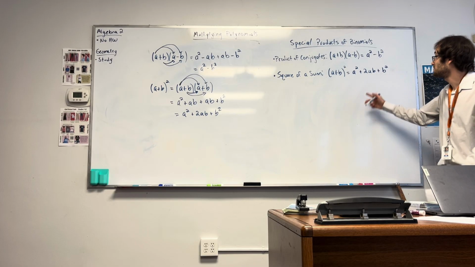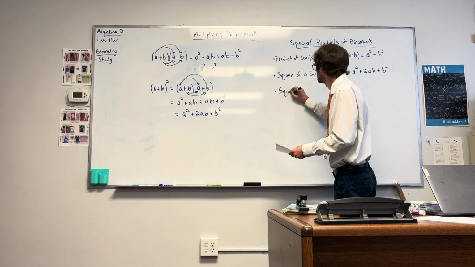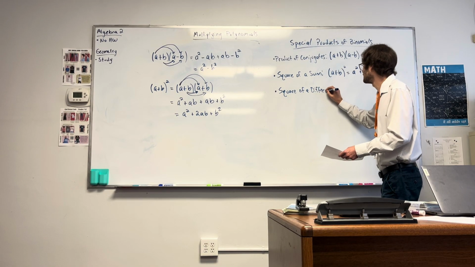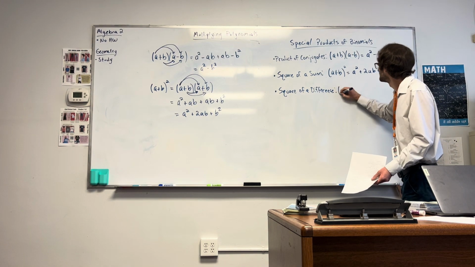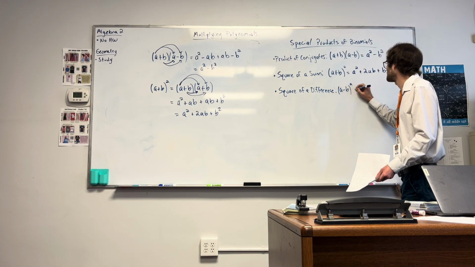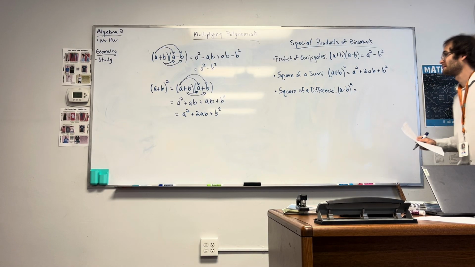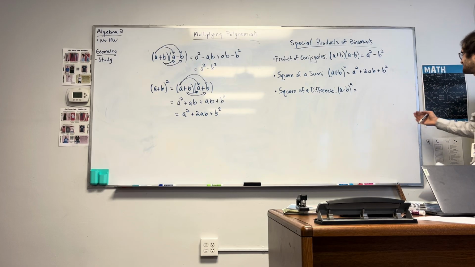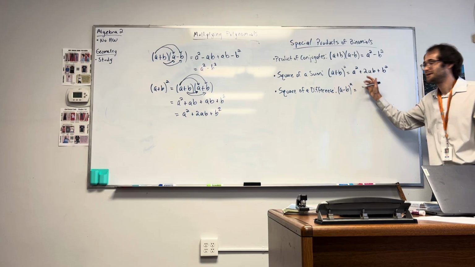All right, likewise, the next one, the square of a difference. Same thing, but now we'll have a minus b. A minus b squared. Not much changes here. It looks exactly like this, but instead of a plus here, we have a minus.